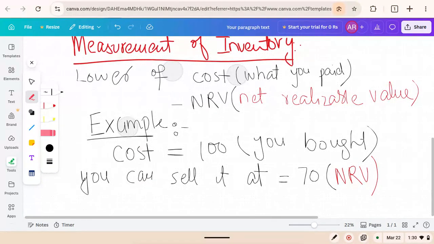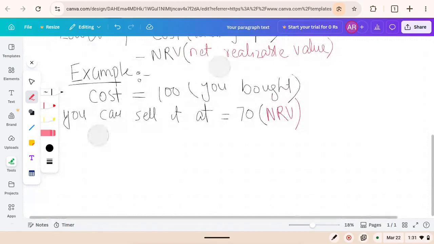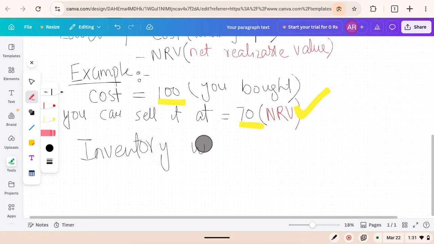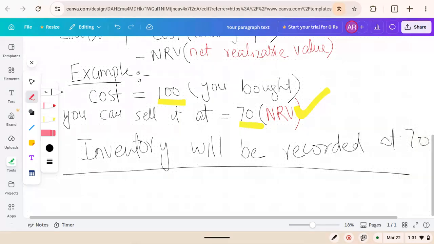In this case, cost is 100 and NRV is 70. Which is lower? NRV is lower. NRV is 70 and cost is 100, so inventory will be recorded at 70. Do you understand?